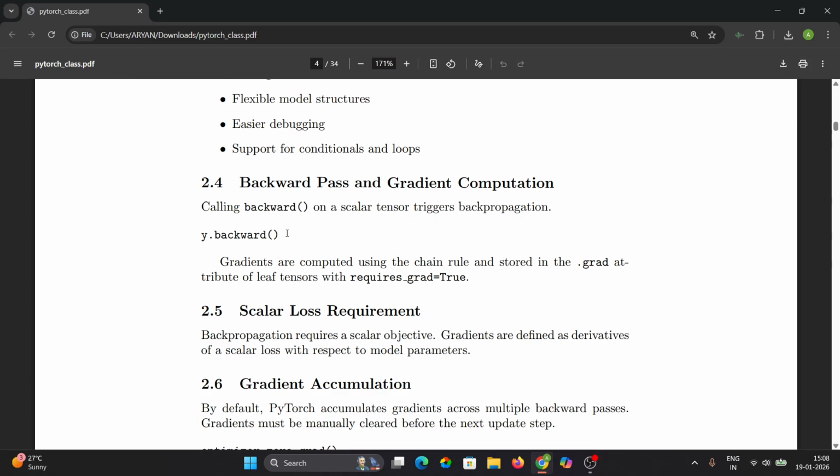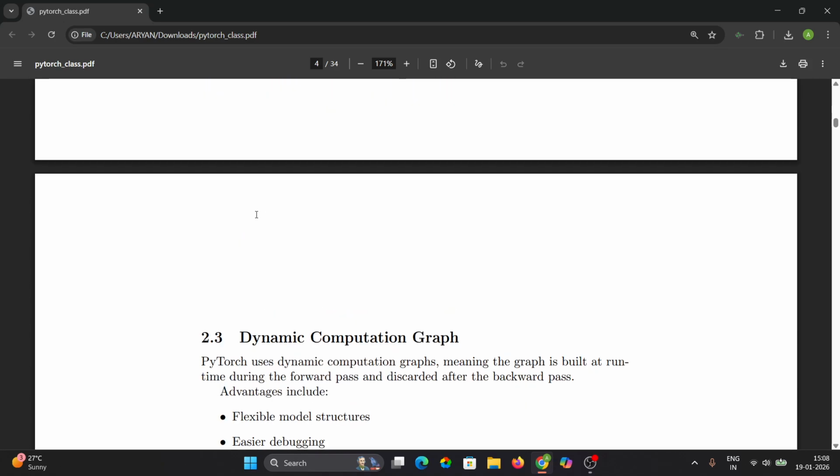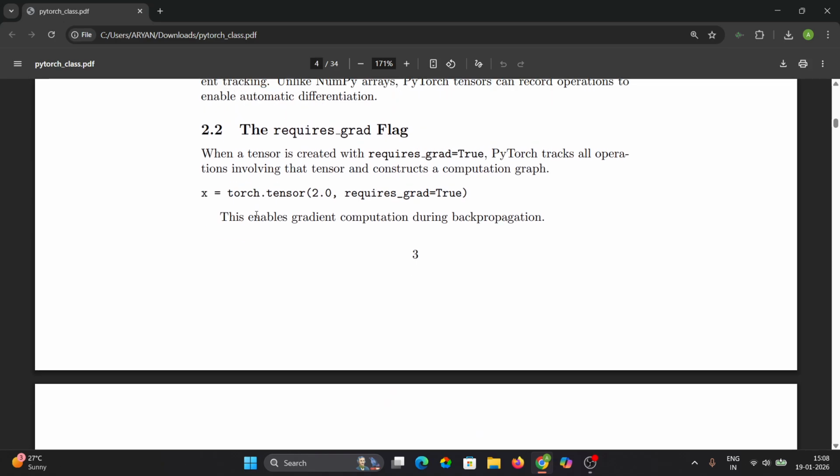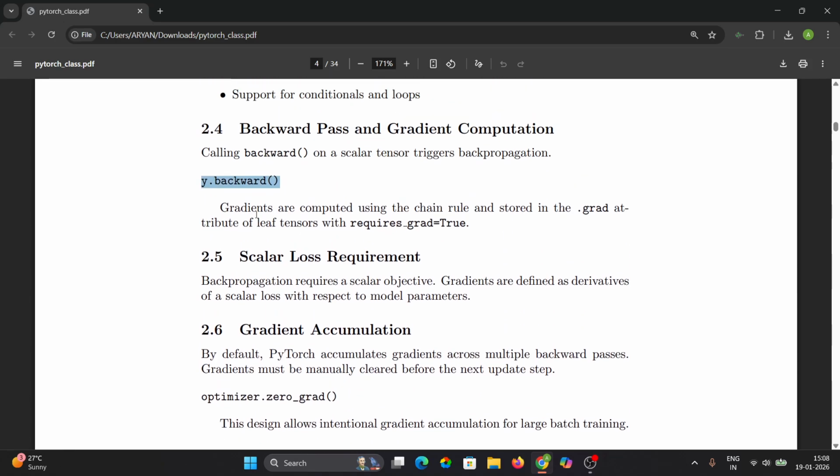So when you write y.backward(), let's say y equals x squared. You have defined y equals x squared, and now you call y.backward(). It differentiates x squared, which becomes 2x.